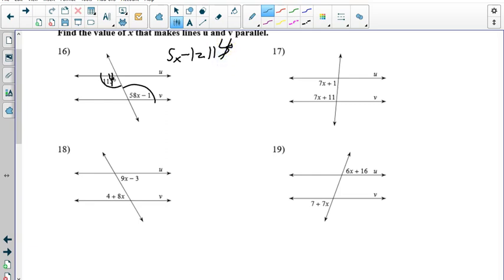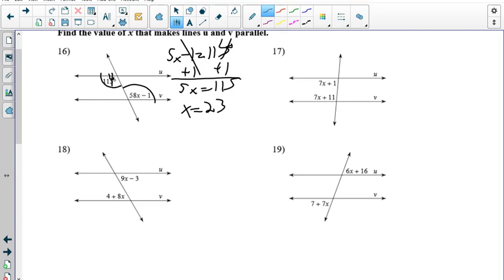We're going to add 1 to both sides, otherwise it's just a nasty fraction. And we get 5x equals 115. Since 115 ends in a 5, we know it's divisible, so 115 divided by 5 is 23. X is 23. All right?